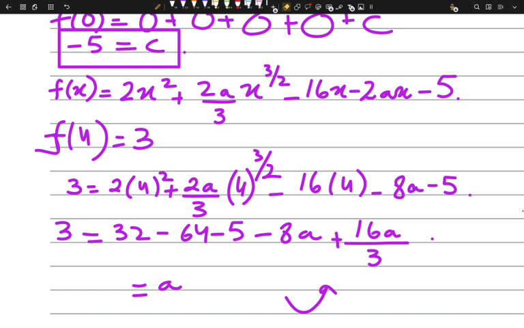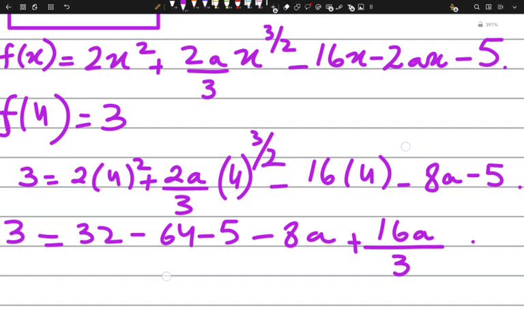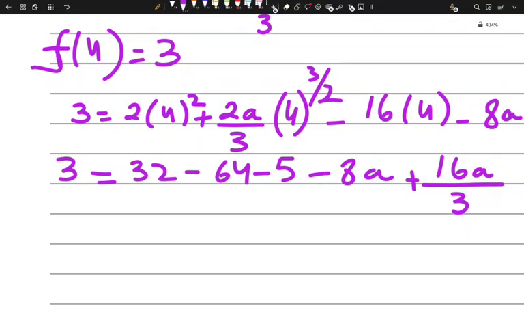Now if we simplify this further, 32 minus 32 minus 37 plus 37, 37 plus 3 is 40. And 4a plus 16a.